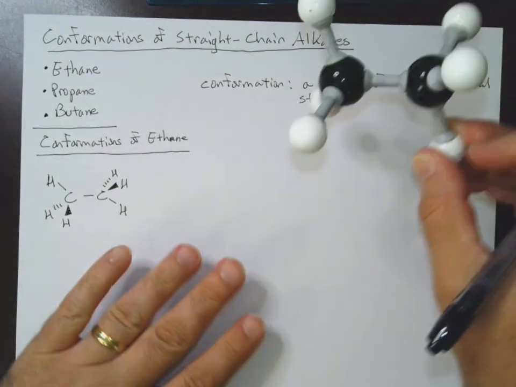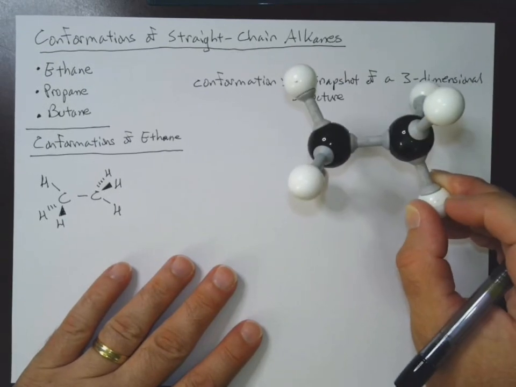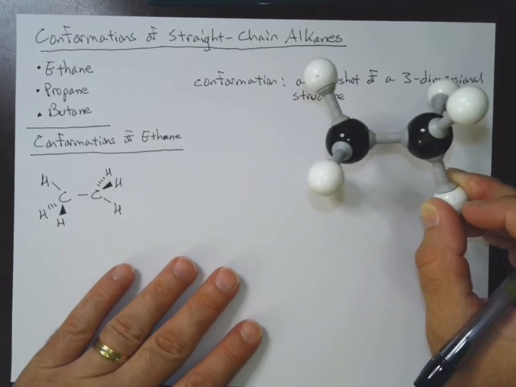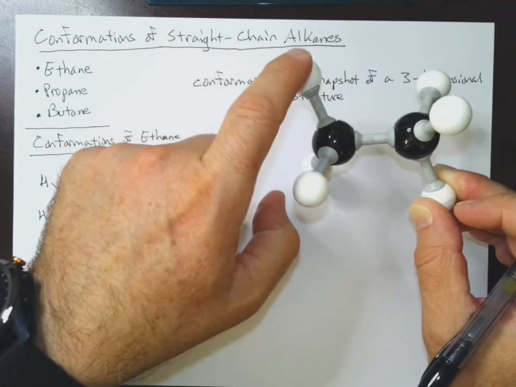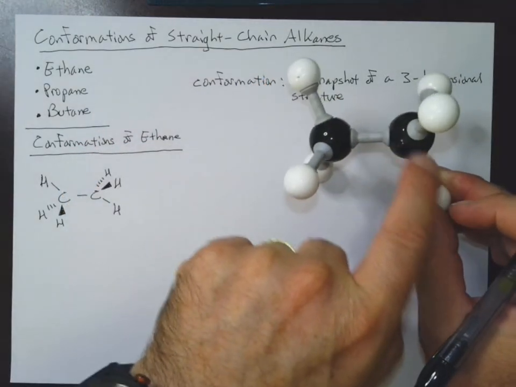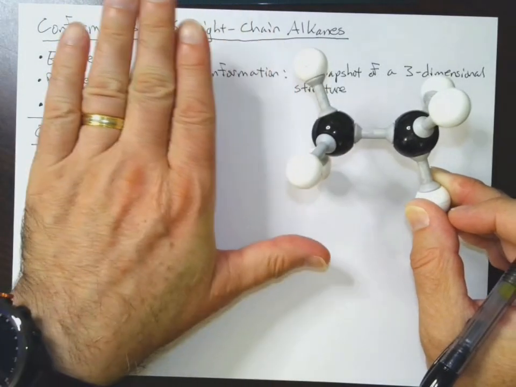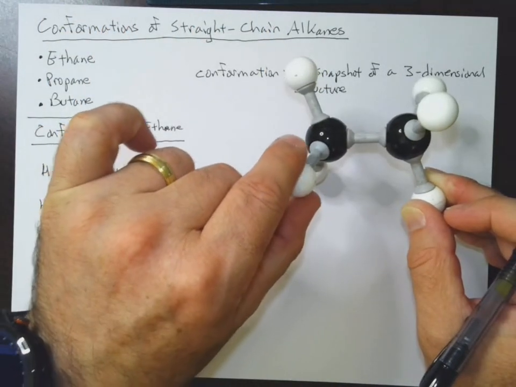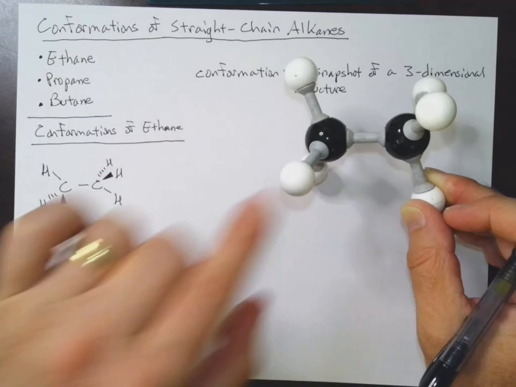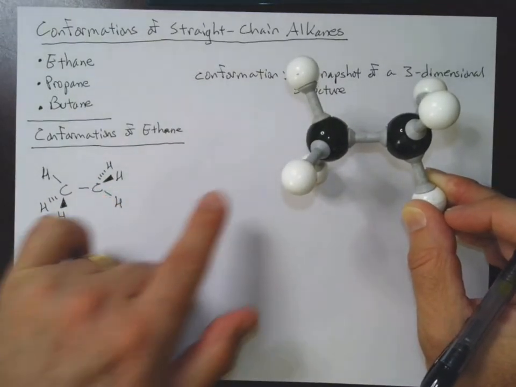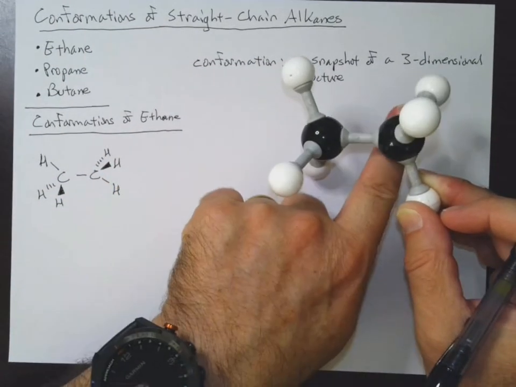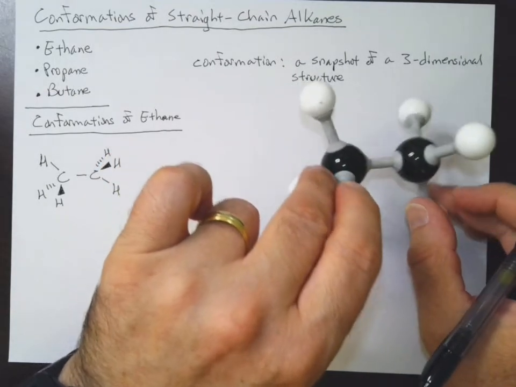And so what we're doing is we're actually taking a look at it like so. I've got hydrogen, carbon, carbon, hydrogen. Those have the lines there. They're all in the same plane. And I've got hydrogens pointing out towards us. Those are the wedges, and hydrogens pointing away from us. Those are the dashes.